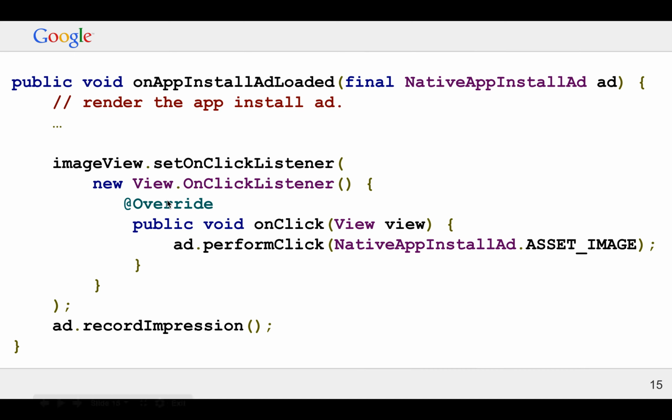Inside of the on app install ad loaded callback, we actually do the rendering, creating the text views and image views is what we did. We set a click listener, in this case, on the image view to actually perform a click. And then finally at the bottom, we record an impression on the ad so that those stats actually show up in the front end.